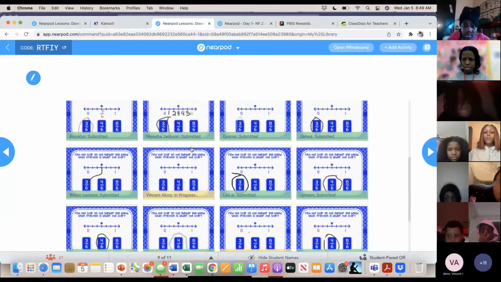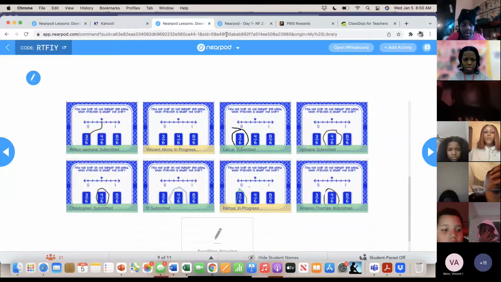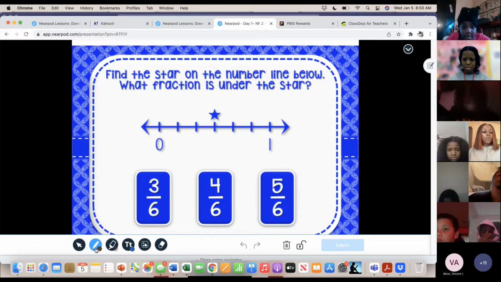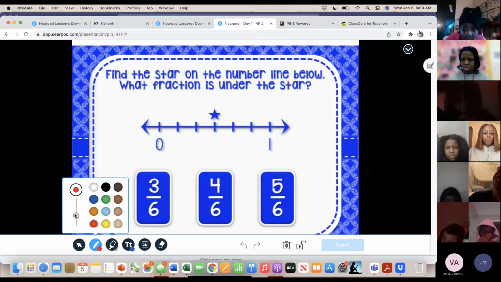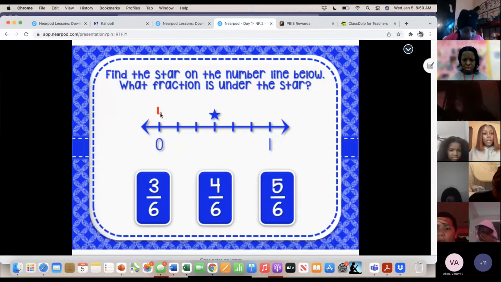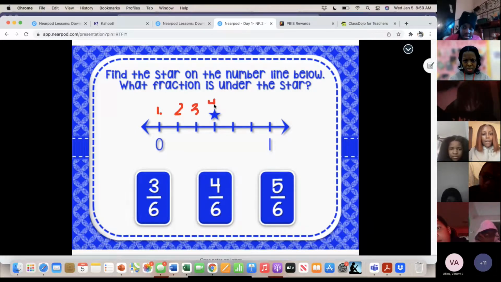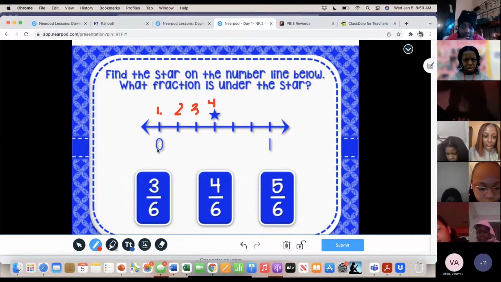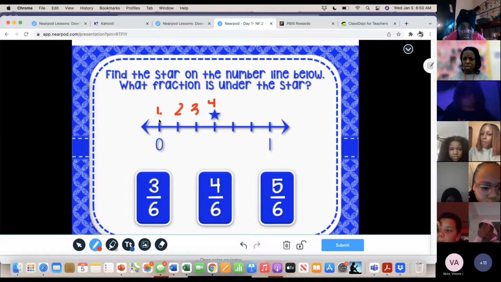Now, I saw a few of you did choose 4/6, but let me tell you what you did. So you started here and you said 1, 2, 3, 4. However, what digit is already there? 0 is already there. So we can't start from 1.